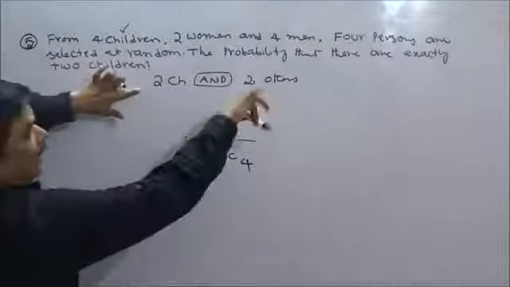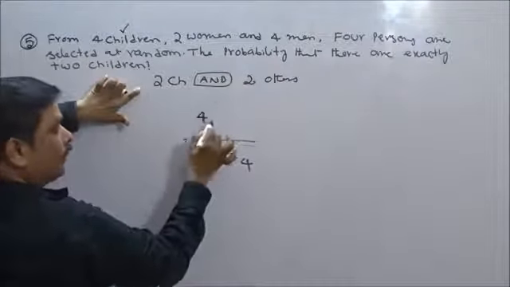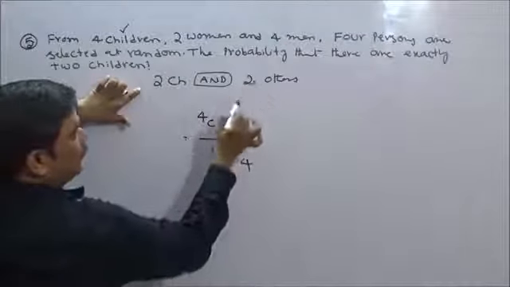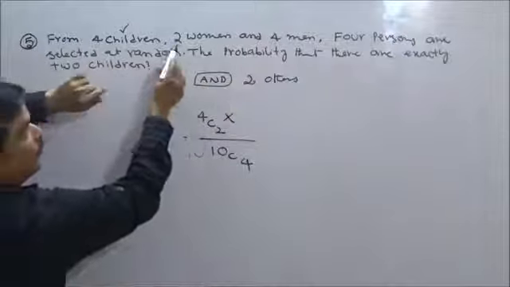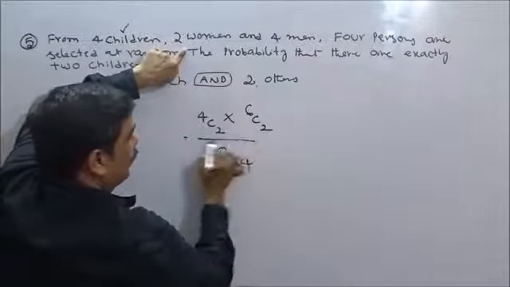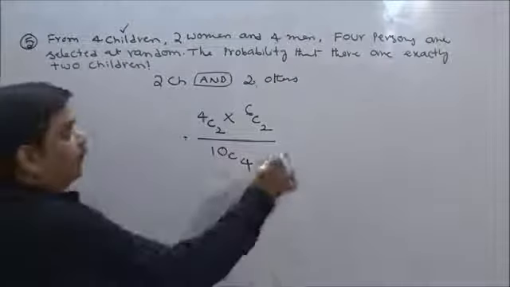Now 2 children and 2 others. Getting 2 children is 4C2. And 2 others means 2 women, 4 men, 6C2. Of course, divided by 10C4. That's all. Right? Then go for this one.